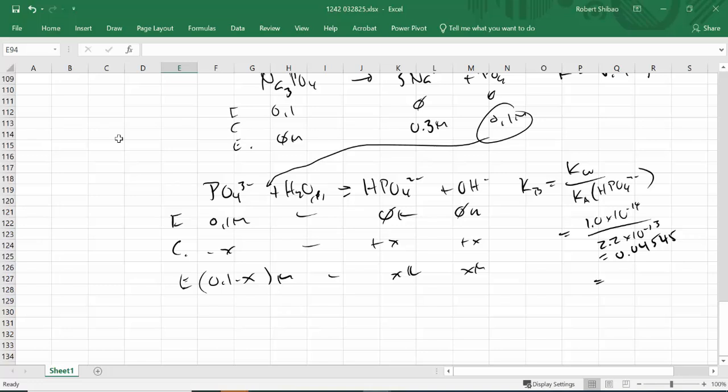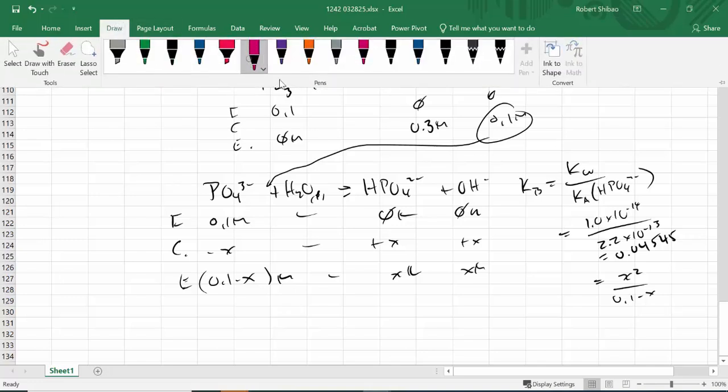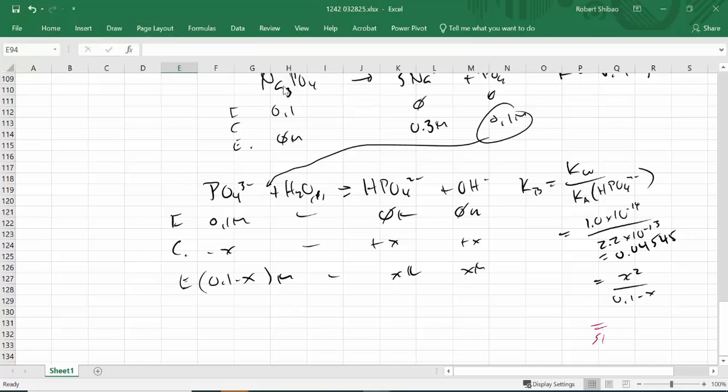And so this is going to be equal to X squared over 0.1 minus X. Now this K is kind of big, so the change might be significant, but I'm not going to worry about it and debate it. I'm just going to go ahead and apply the simplifying assumption.